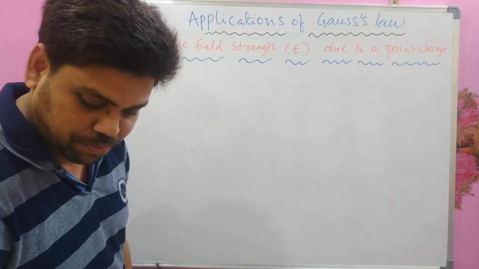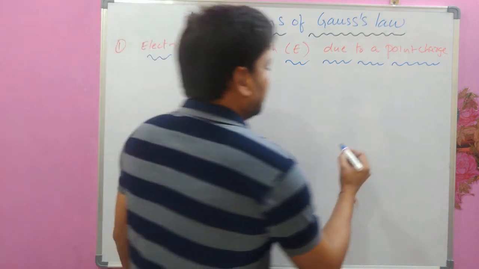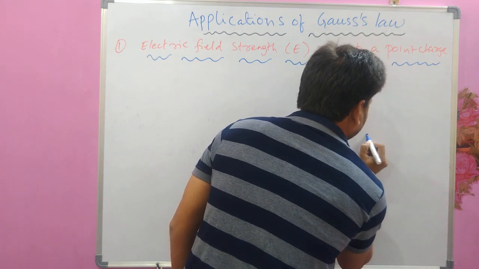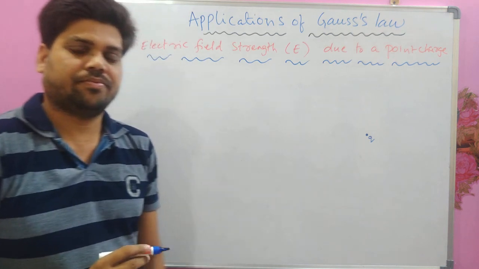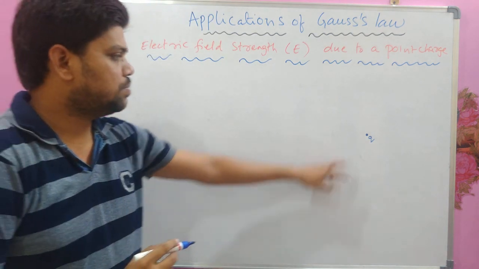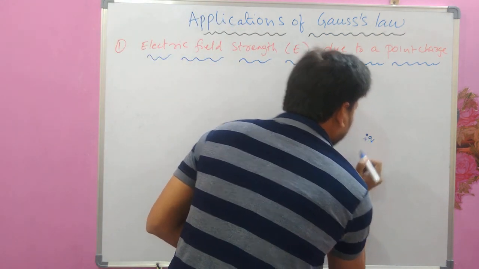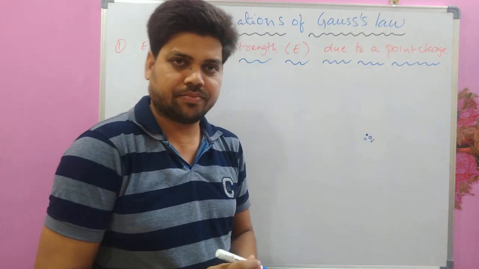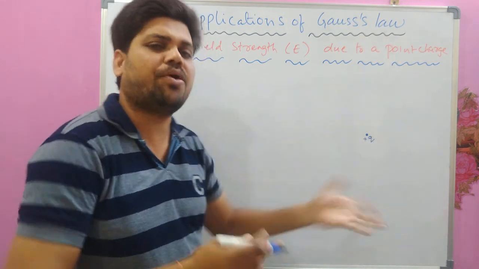Okay, so the problem given to you is that a point charge is given. Okay, so point charge is taken here. For example, let me take this as some positive charge. A point charge is given, and the problem is find out electric field due to this point charge.